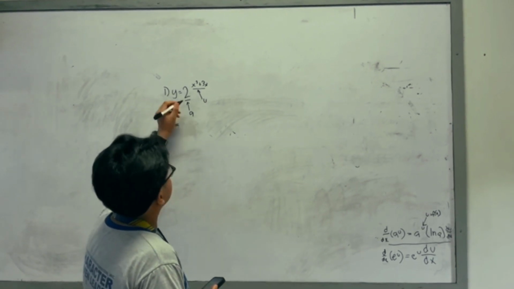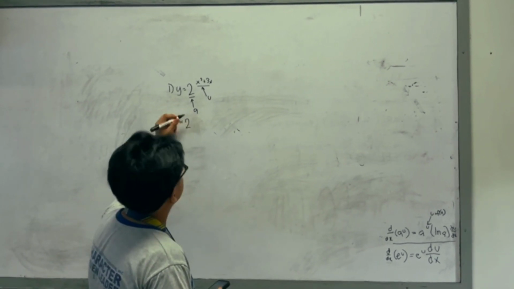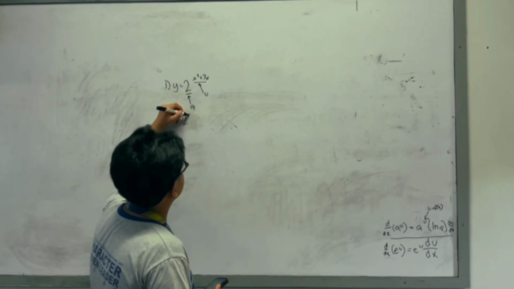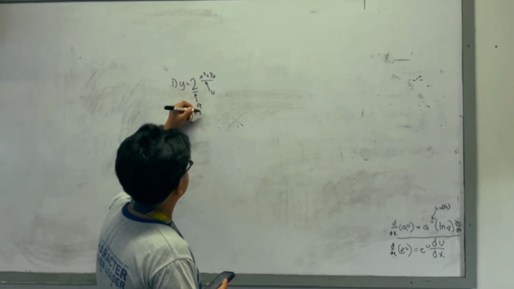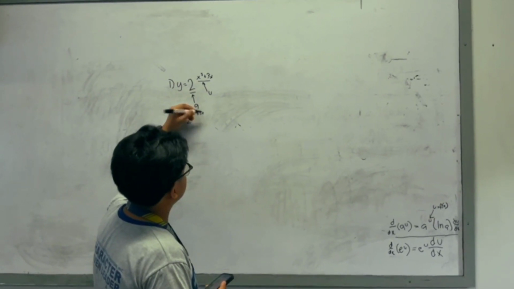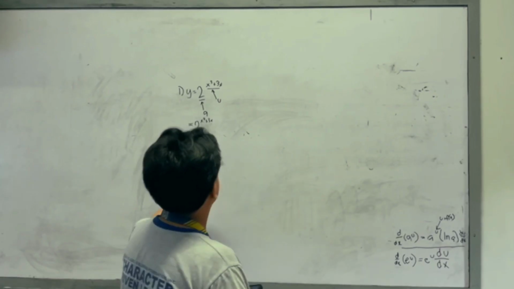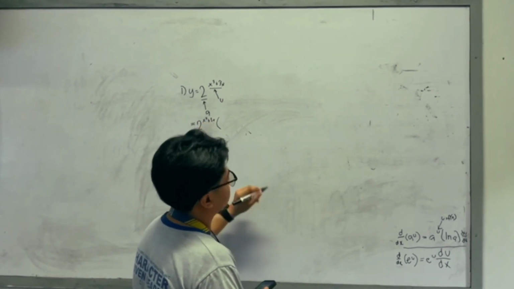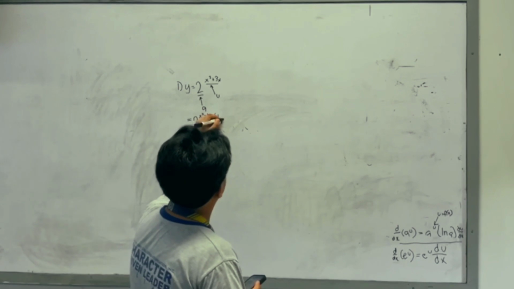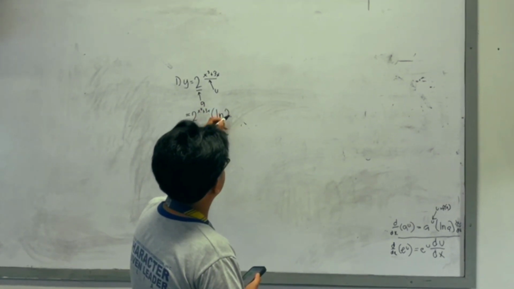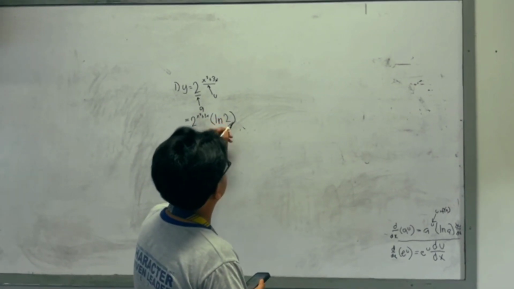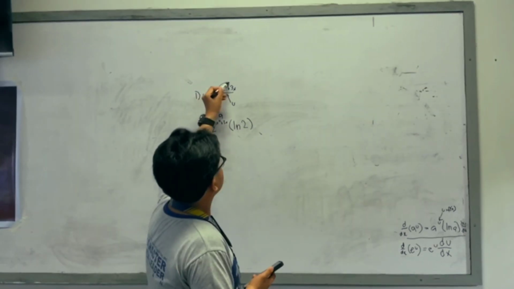Now we are going to follow the formula. We're just going to write down the base a, and then copy the exponent. For the next step, we're going to copy ln a, which is the natural logarithm of 2. As you remember, 2 is the value of a.